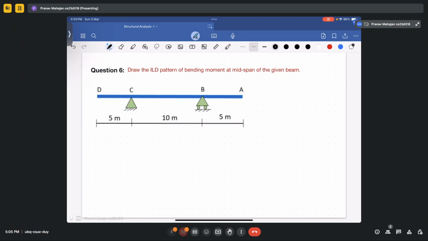For that, you need to provide a unit rotation at a distance of 5 meter from C. So let me first draw the ILD for this. Here it is 1. I will add some lines so it will be easy for us to draw that.